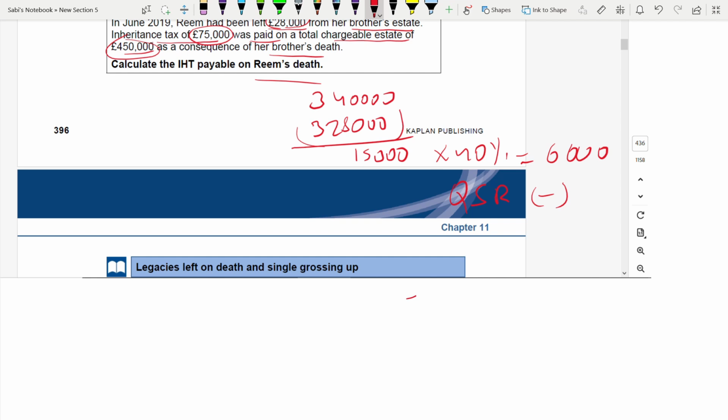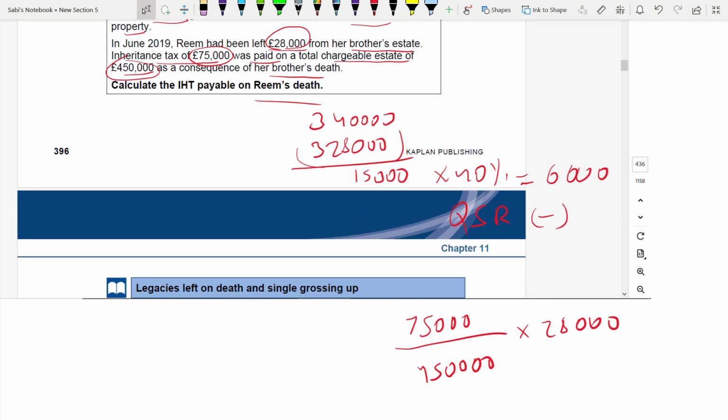How much inheritance tax? 75,000 out of the estate value. The brother's estate was 450,000, multiplied by the 28,000 Reem was left. Just do that formula. Now you need the percentage for quick succession relief. You have to know the date of death.